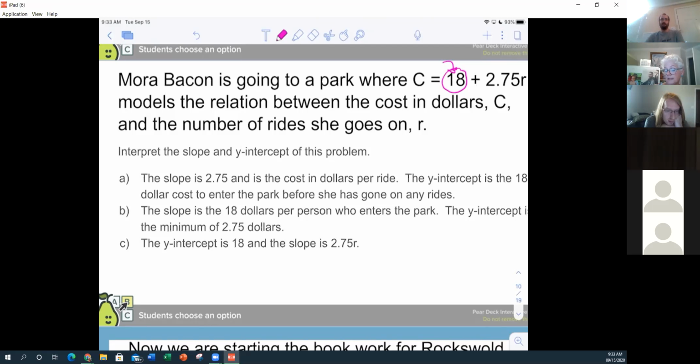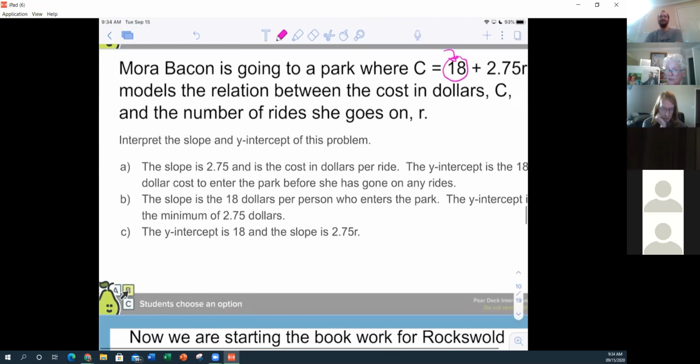Then the 2.75 is what makes the trip to the park more expensive, because every time you ride a ride, you're going to be adding 2.75 to your fun at the park. So the slope is what's changing, and when it's in this form, the slope is always going to be the number in front of the variable.